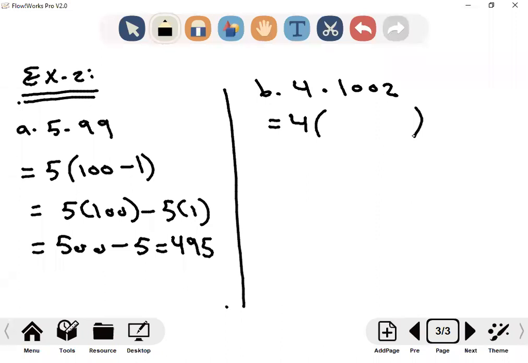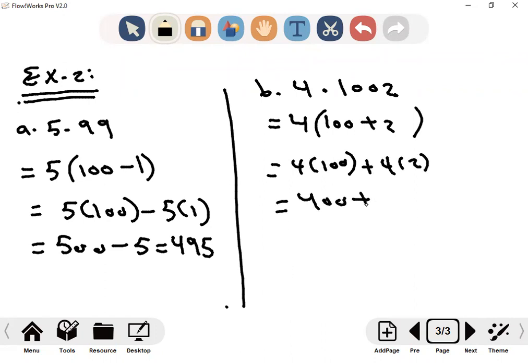So it is 1000 plus 2, apply 4 by 1000 plus 4 by 2. This is 4000 and 8. Got it? So you can deal with these numbers as you like, as you want, but always choose the easy way. Done?